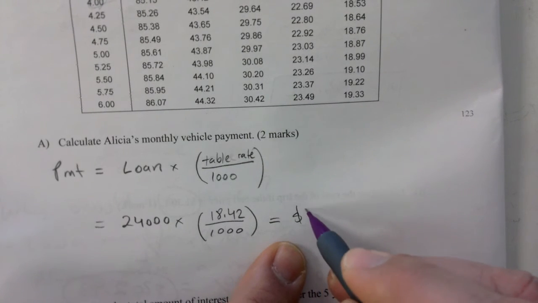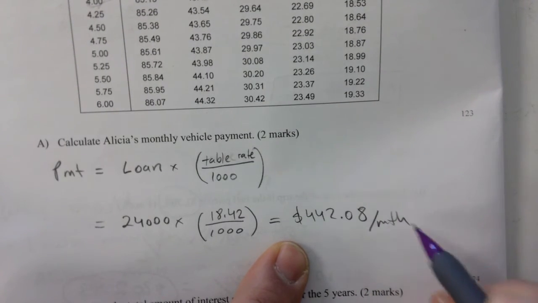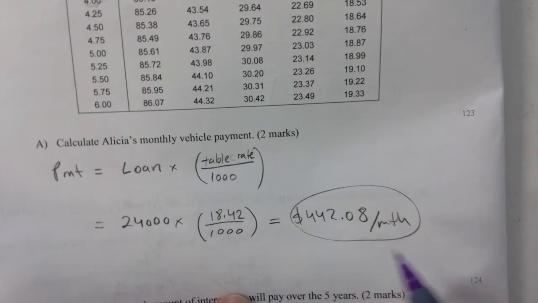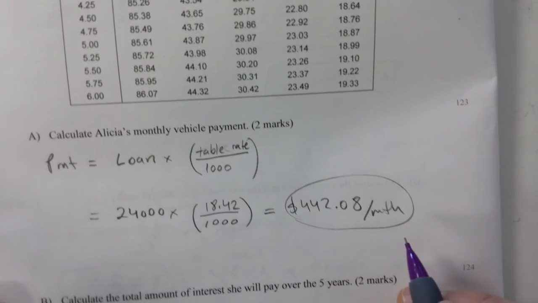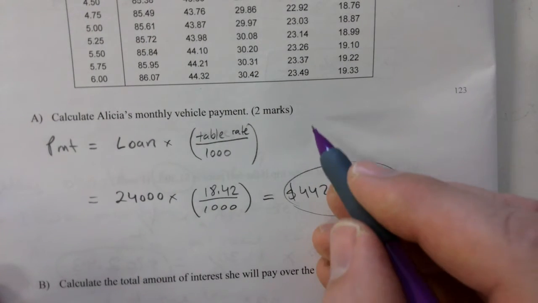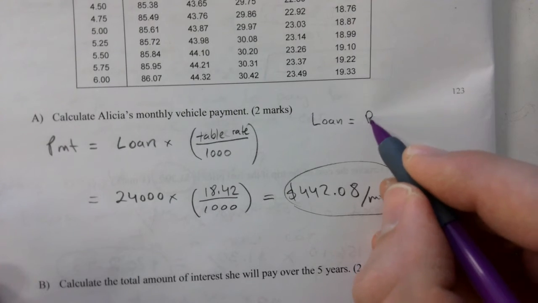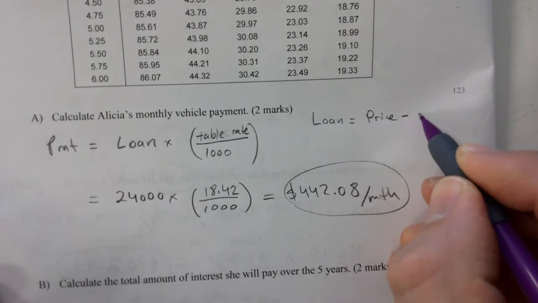That's 442.08 per month. And I'll just make a note here. Loan on the side is price minus down.